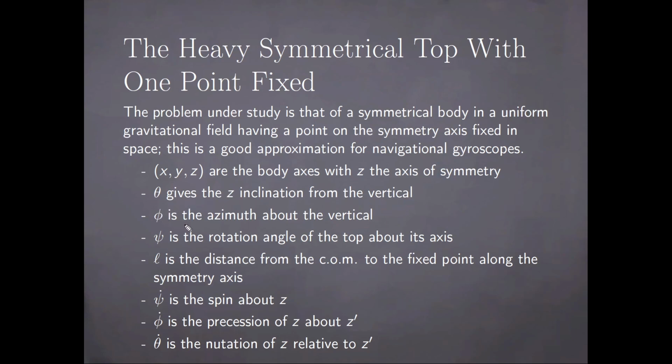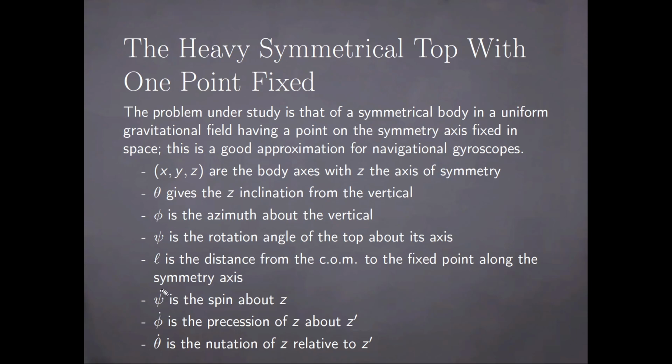Phi is going to be the azimuth about the vertical, and psi will be the rotation angle of the top about its symmetry axis. L is going to be the distance from the center of mass of the top to the fixed point along the symmetry axis, and then the derivatives of the angles have the following significance.